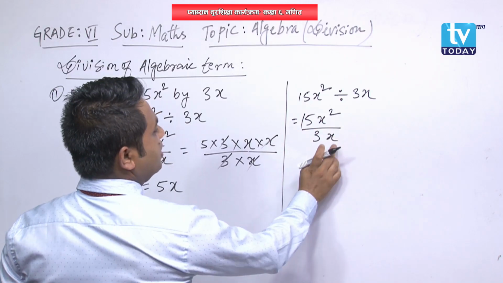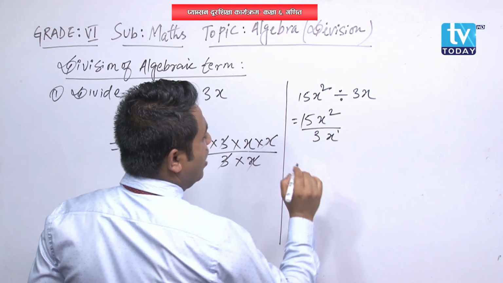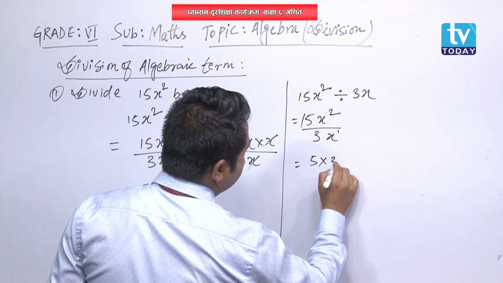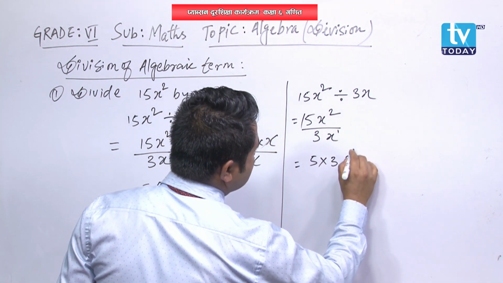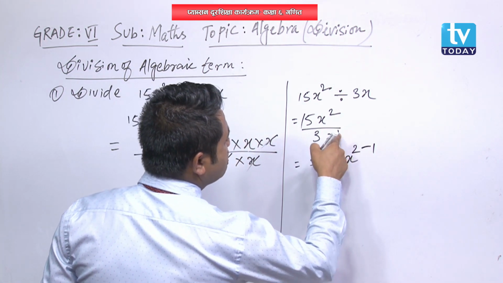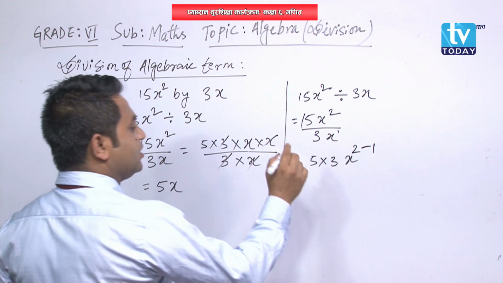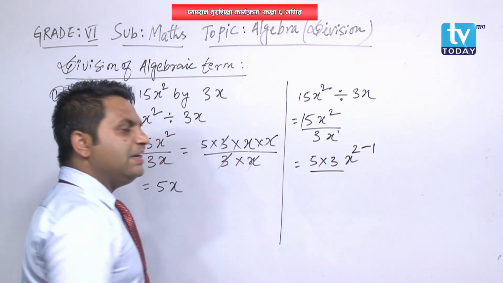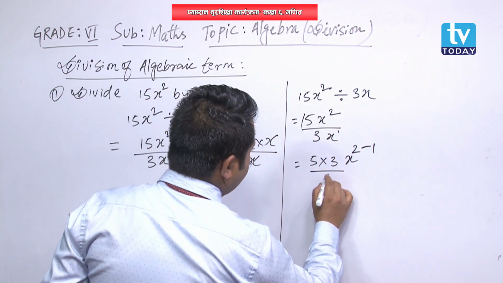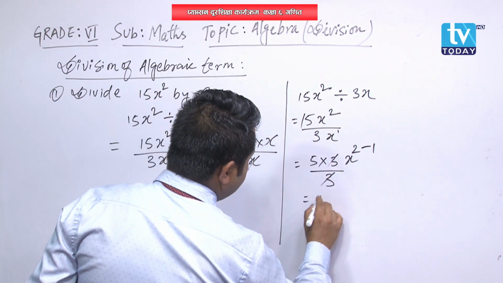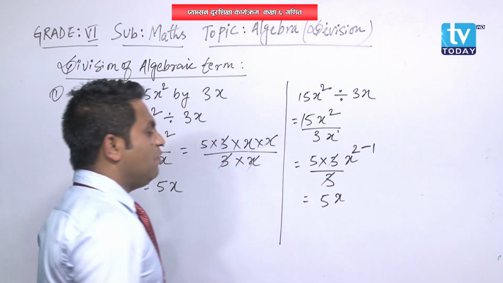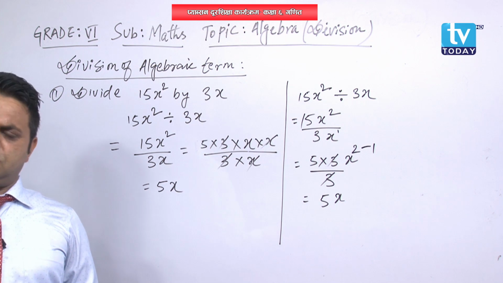Here also x, here also x, so it will be 1. 15 we factorize as 5 into 3, and x square has 2 as power with the same base. So there is plus 1; it goes up to the numerator, then the power becomes negative, and if negative, it becomes positive. Then 3 cancels, and 5 times x to the power 2 minus 1 is 1, that means 5x. You will get the same solution.